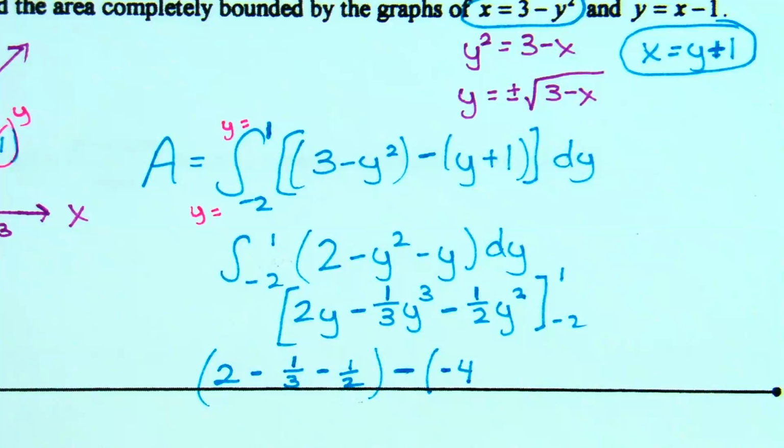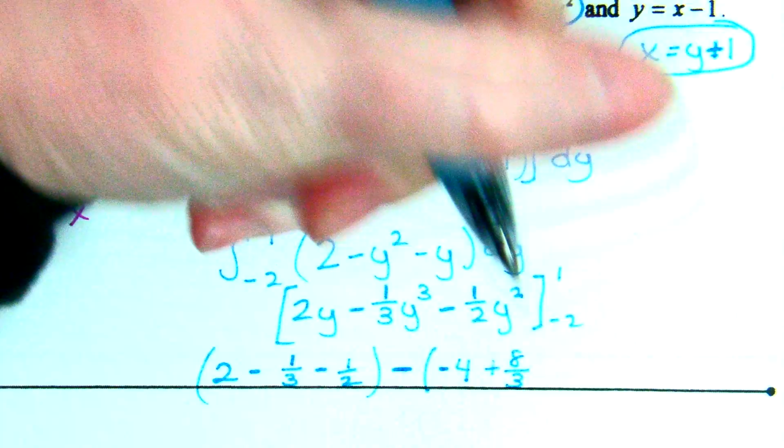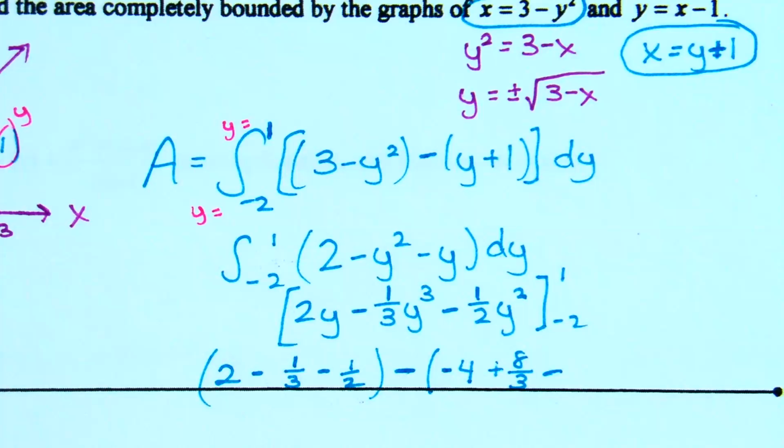Minus 1/3 times -2 cubed. -2 times -2 times -2 is -8. It's -1/3 though, and -8, which makes it plus 8/3. And then minus 1/2 times -2 squared. -2 squared is 4. 4 divided by 2, so minus 2.